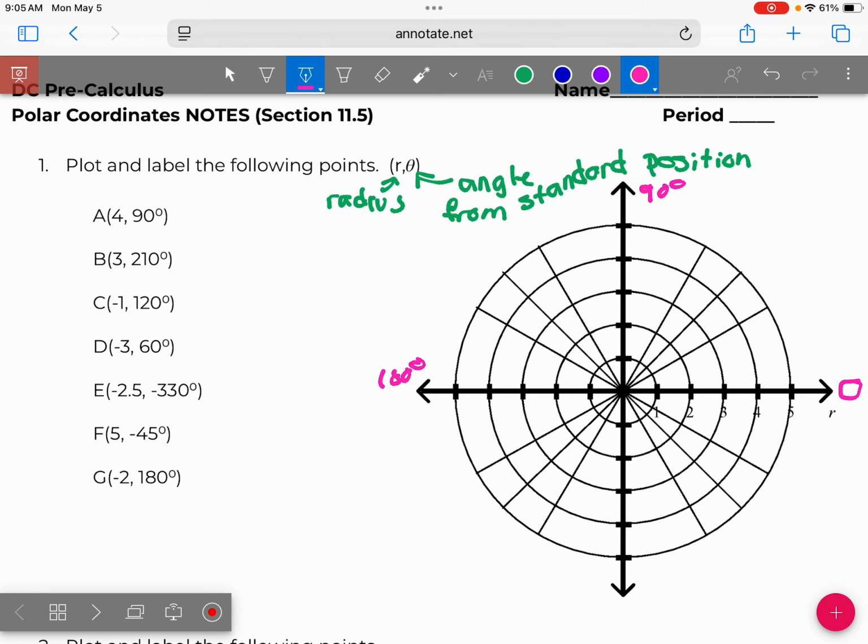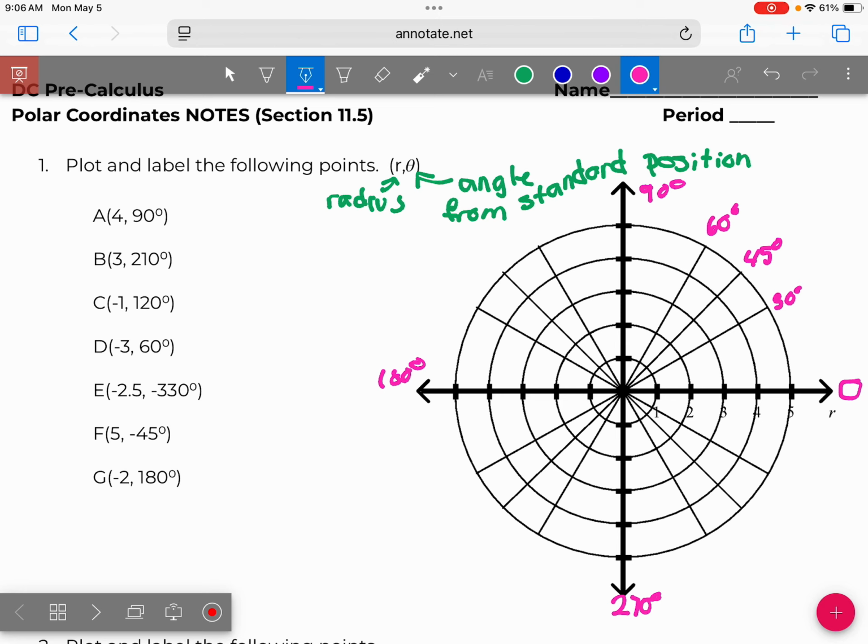That's our 270. What's this one? 30. That one's going to be 30. What's this one? 45. And this one? 60.